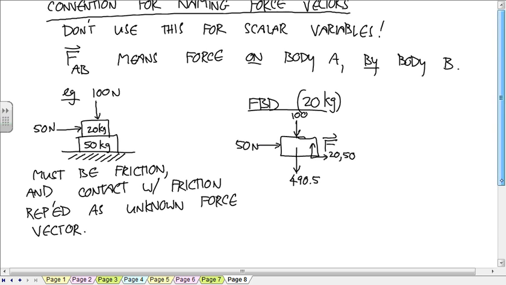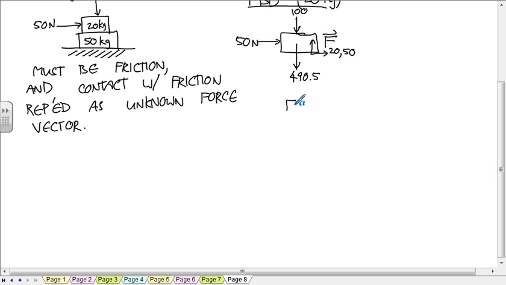Oh, and then this other one that I added, there's this 50 newton force. Okay, and then the free body diagram for the 50 kilogram object. Well, there's the weight. Oh, I did the weight wrong on this one.